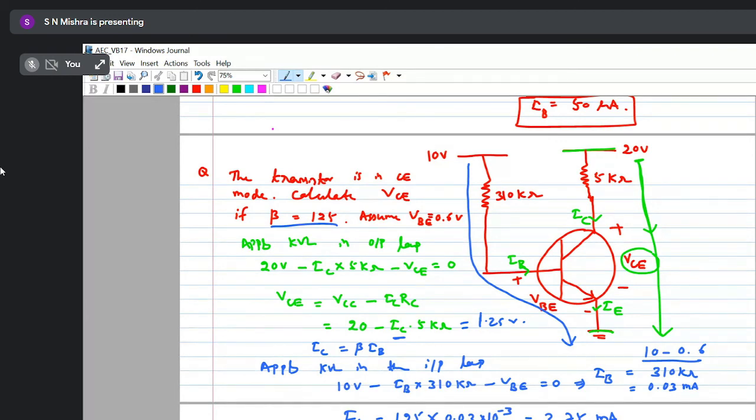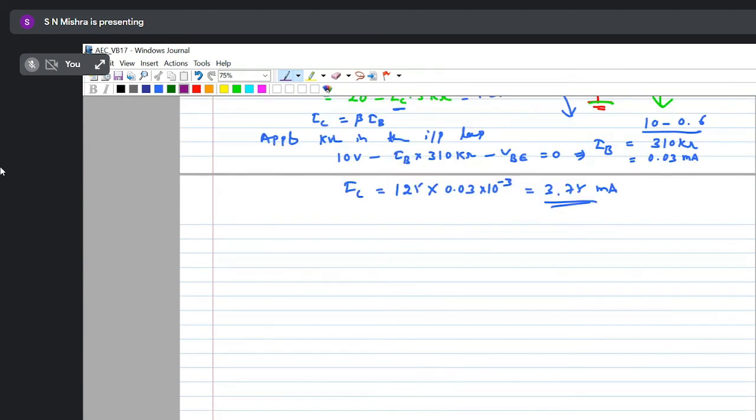Here two different voltages are connected. You can connect a single voltage also. So that question I'll give. See here.